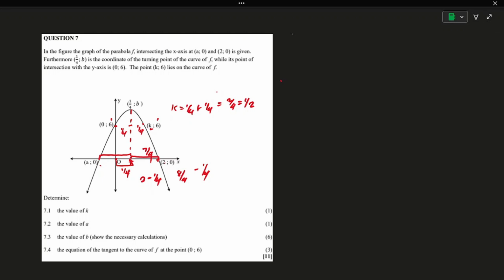So it's 7/4 units from the center to 2, and we also need to get 7/4 units from the center to a, but in the opposite direction.